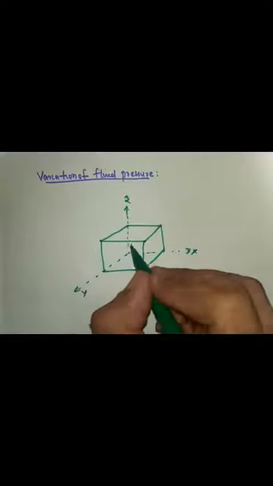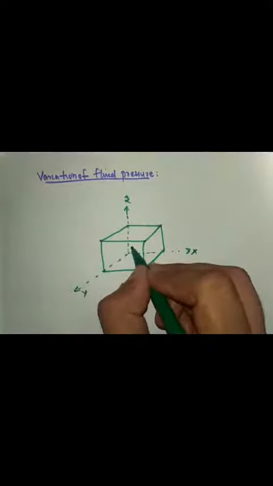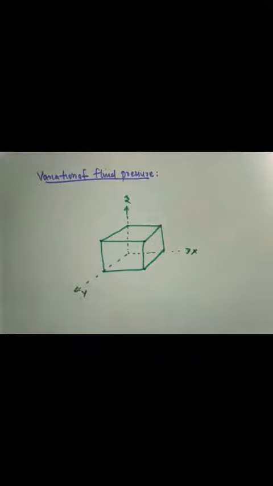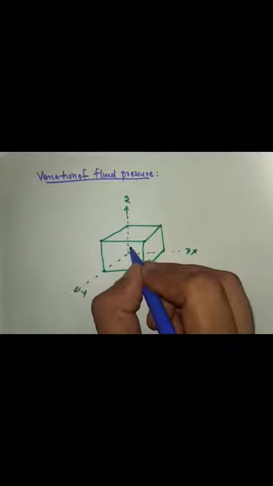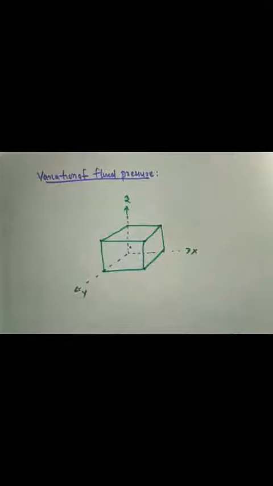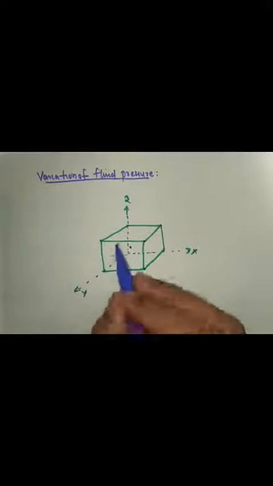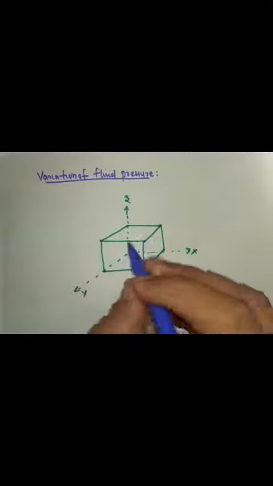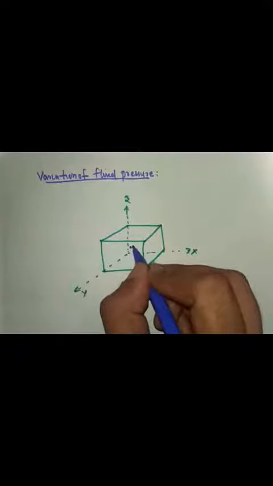Okay, so now we will consider the pressure at the center portion. Note that it is a 3D figure, and we will take the pressure at the center of the cube. So the pressure at the center is taken as small p.